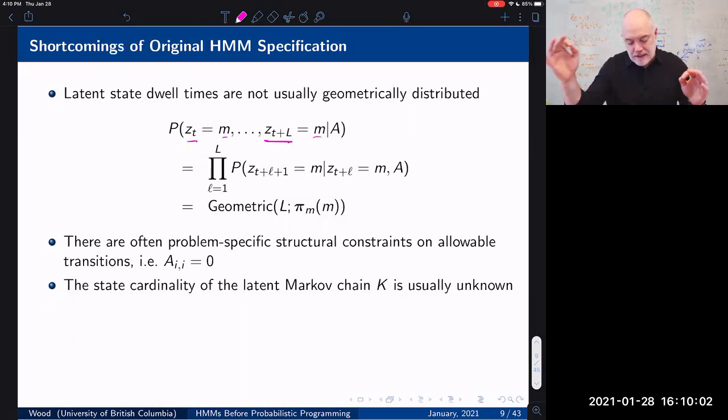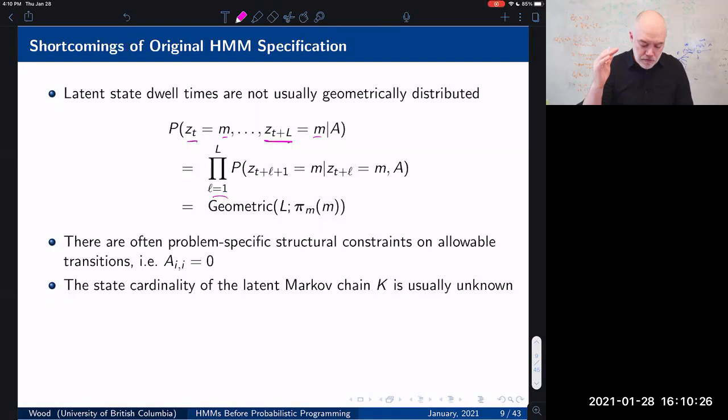Well, we know that the states, because of the graphical model, forget the observations for a second. We're just talking about the states. This is a description of the prior. All of the state transitions are independent or conditionally independent. So we can just write down the probability of that sequence as just a product over the L time steps of drawing the same state over and over and over again.